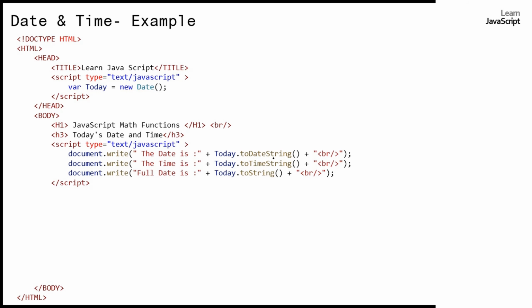Next, we used toDateString, toTimeString, and toString. This will provide the high level details. This toString will return the complete date, this will return only the time portion, and toDateString will return only the date part of it.